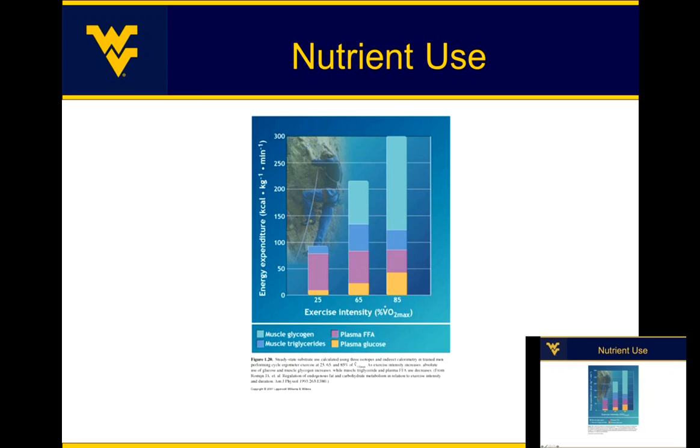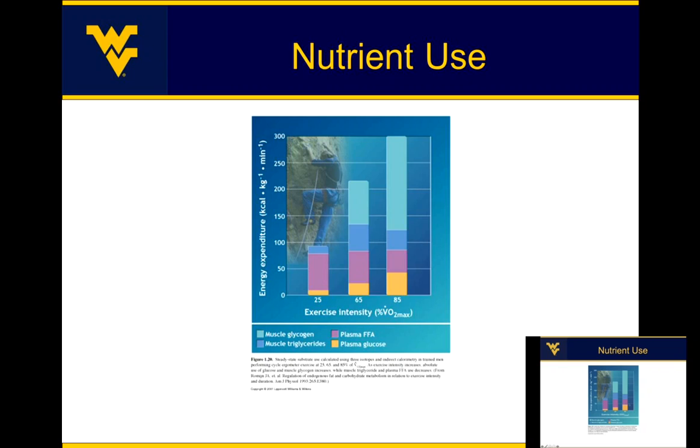You can see that when you are doing it very, very lightly, you use mostly fats and a little bit of blood glucose, and very little glycogen at all. Notice that glycogen becomes the predominant substrate with high intensity. At the same time, the use of fat goes down.